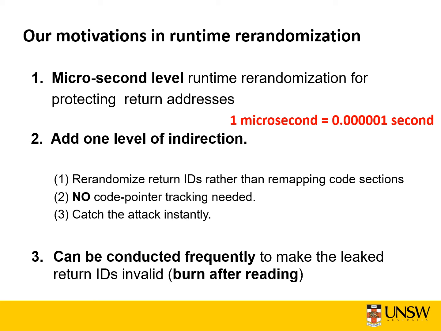In this way, we do not need to do the time-consuming code pointer checking anymore. As a nice side effect, we also obtain an ability to catch the potential attack instantly. Third, our technique can be conducted frequently at any time to make the leaked return IDs invalid, that is, burn after reading.